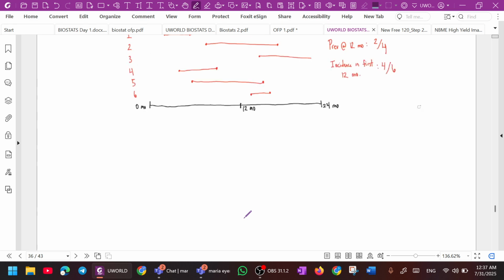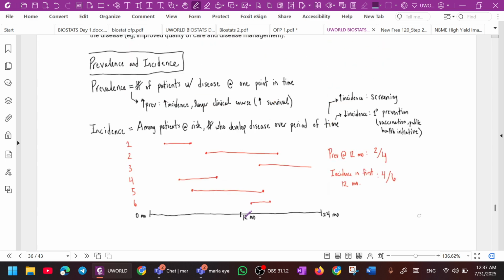Prevalence from the people in the population. Incidence, you say from 6 to 18, people at risk. Oh, sorry, 6 to 18.